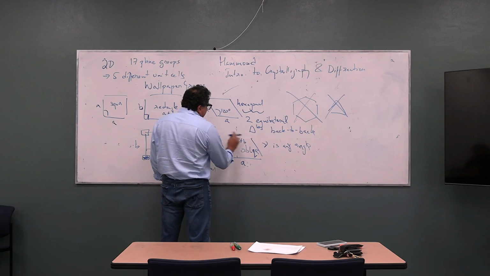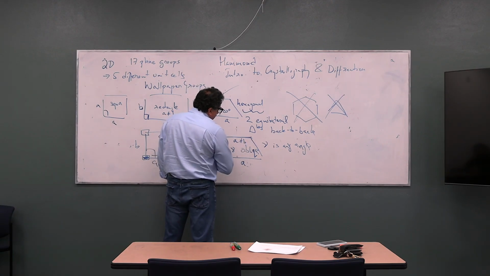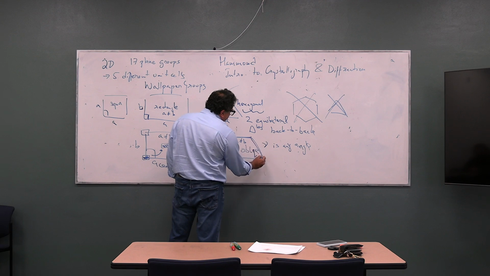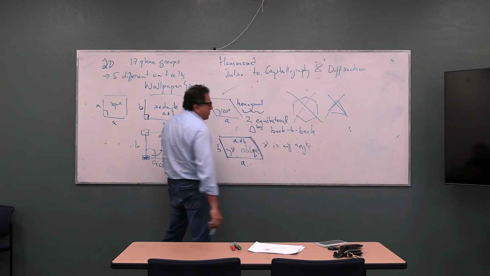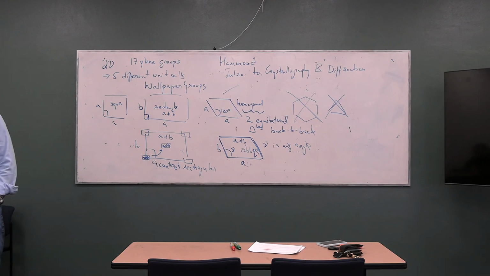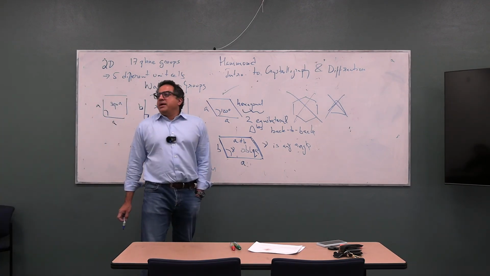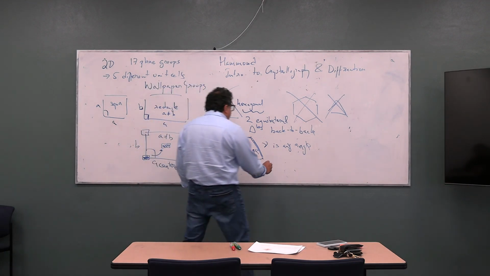Let me draw it carefully. I think I've drawn it carefully enough. What do you see about the opposite sides? Are they equal? Are they parallel? What's an object called if its opposite sides are equal and parallel? It's a parallelogram, right? I thought you were going to say parallelogram.